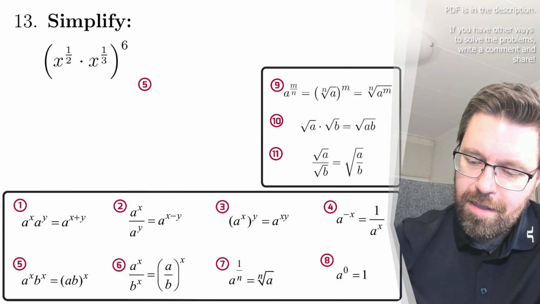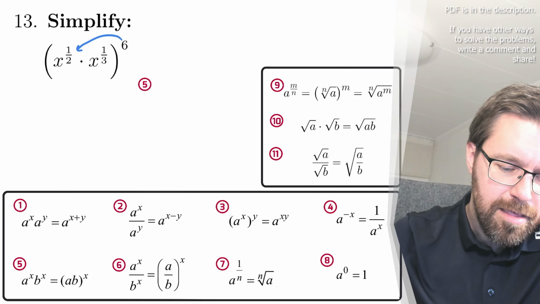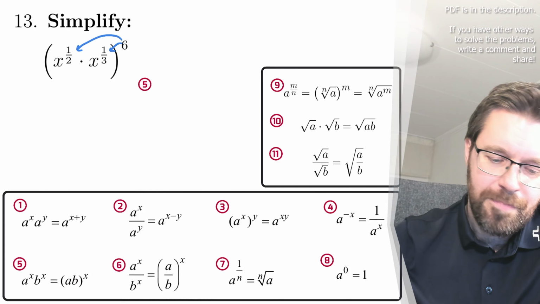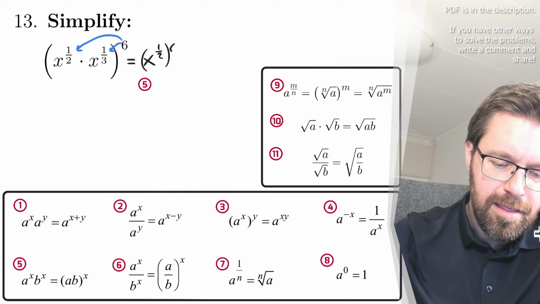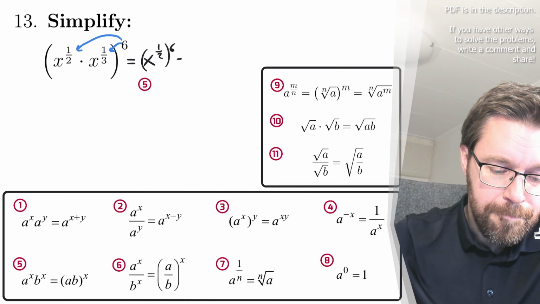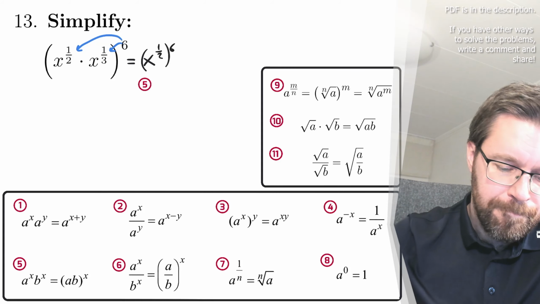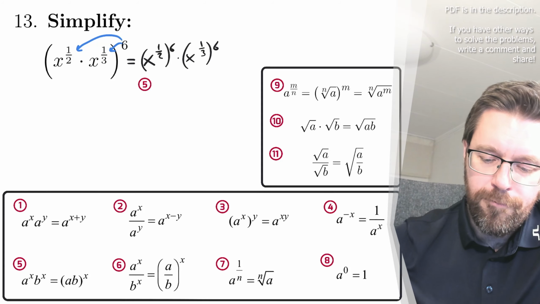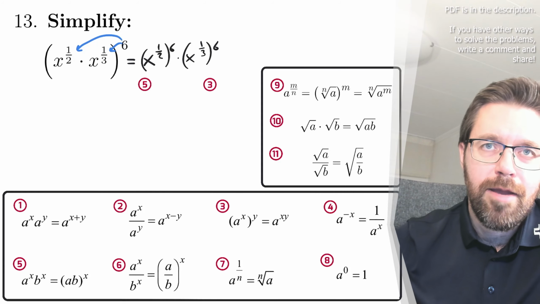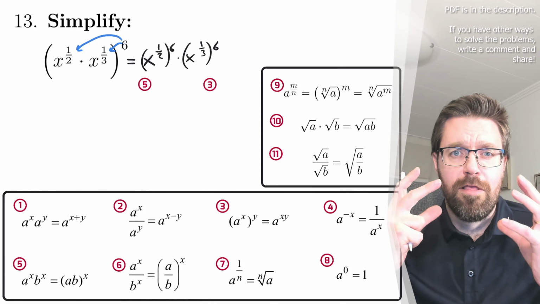So the number 6, you can move it like this and like this. So it equals x raised to 1 over 2 raised to 6, if I write everything, and times x raised to 1 over 3 raised to 6. But of course, you can use rule number 3 and multiply the exponents right away.